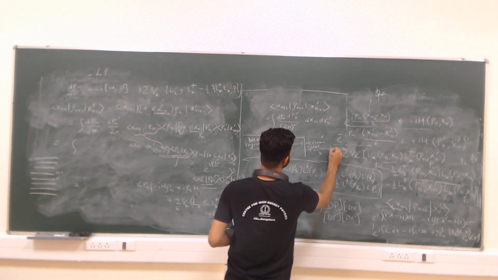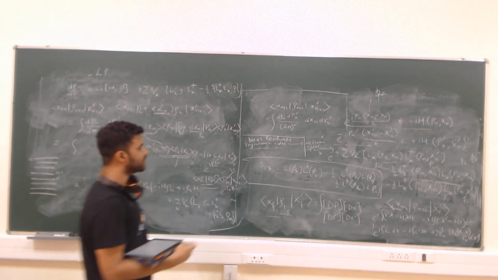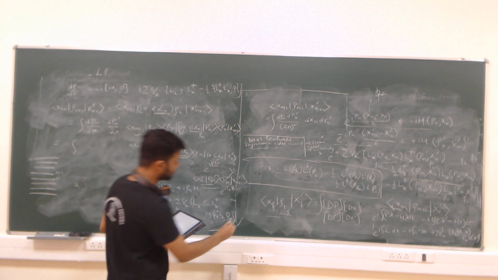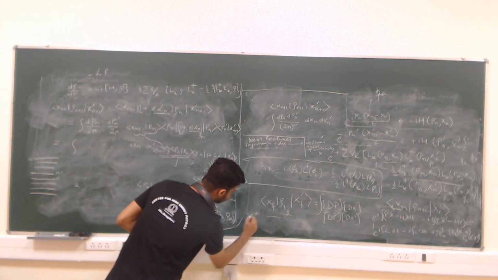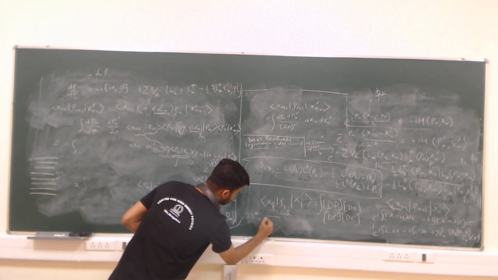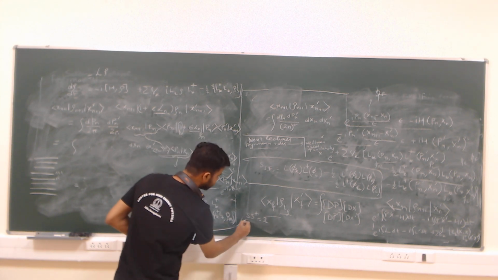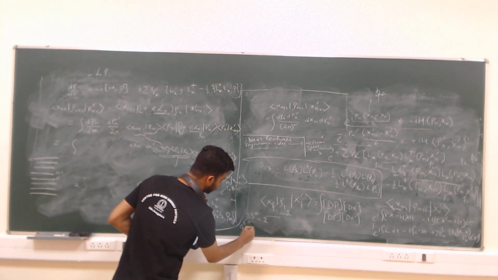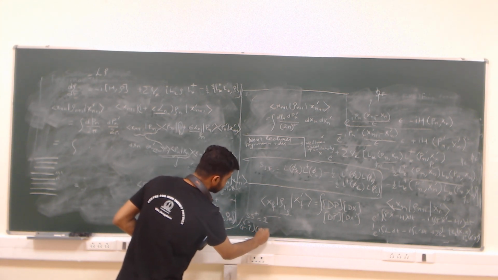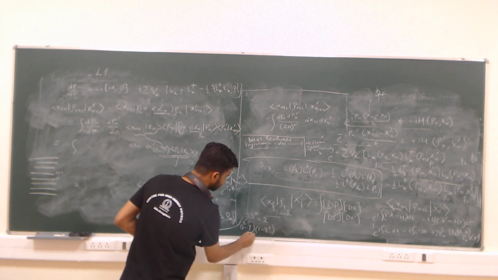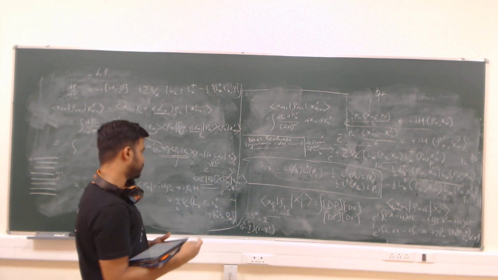Depending on whether your theory is unitary or not, basically whether this S dagger S, the scattering operator, is identity or not, we can write in terms of 1 minus T and 1 minus T dagger. These are the transition operators.